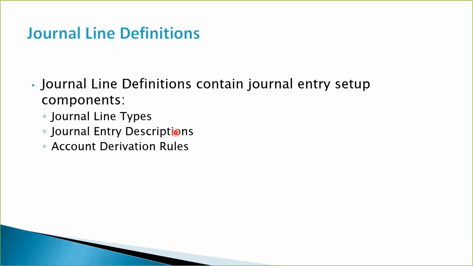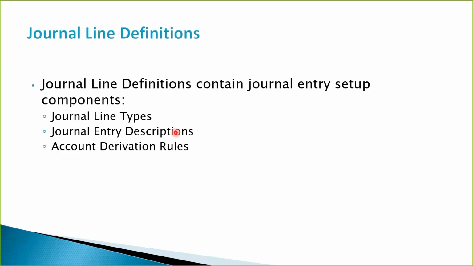For example, when we create a payables invoice and we validate it, that's the event, and we want to create accounting for that event. When we make a payment and write a check, that's an event, so we want to create accounting for that event, right? So it is around those events that we are determining how accounting will be created.